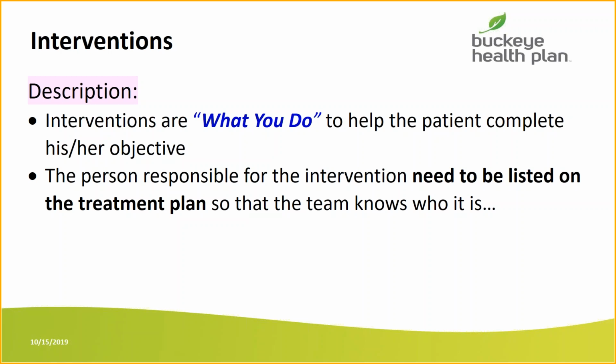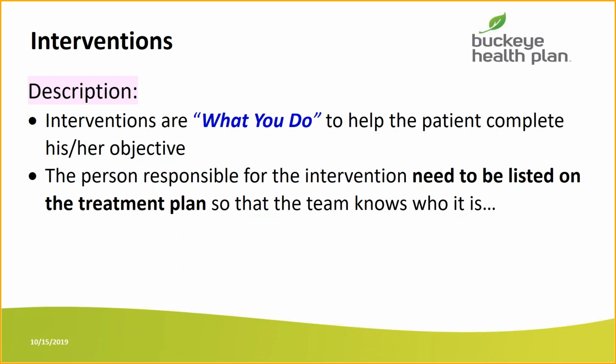Remember, what the patient does is the objective, what you assign the patient to do. So when I look at your treatment plan, the objective should say the patient will. But when I look at the intervention part, it's what the clinician will do, what the addiction treatment professional will do. And it can be anybody on your team. You just have to list who is responsible for this intervention.